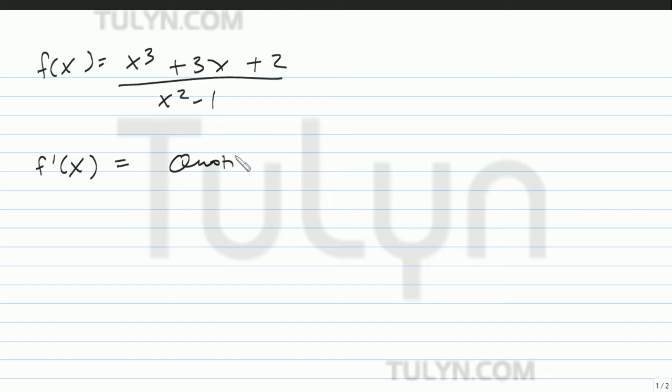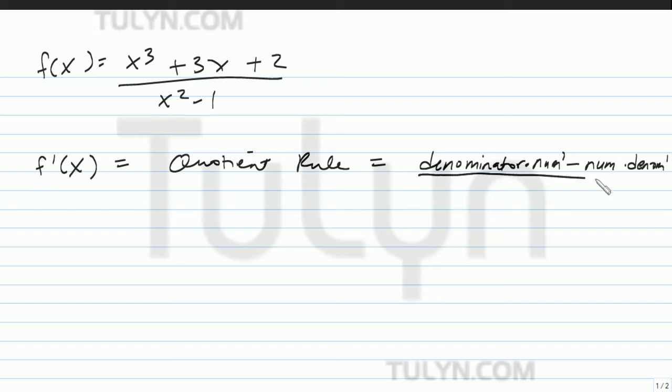What the quotient rule states is the following. If you have the denominator multiplied by the numerator's derivative, which I'll abbreviate num, minus the numerator times the denominator's derivative, divided by the denominator squared, then you'll get the derivative of f of x.